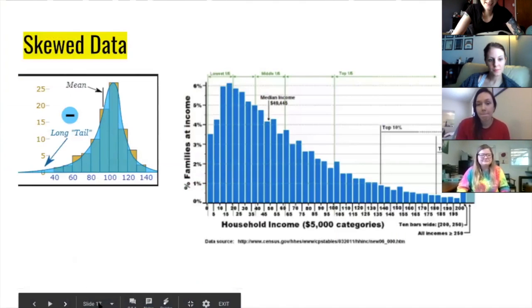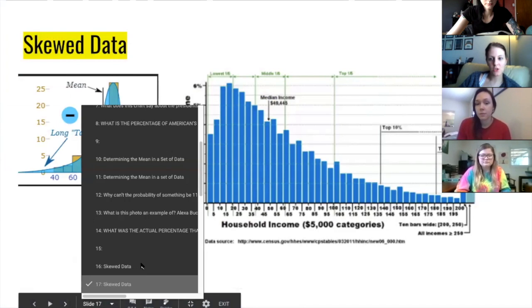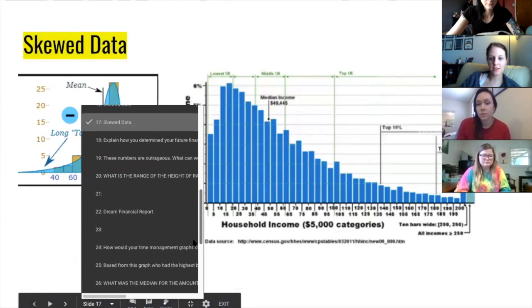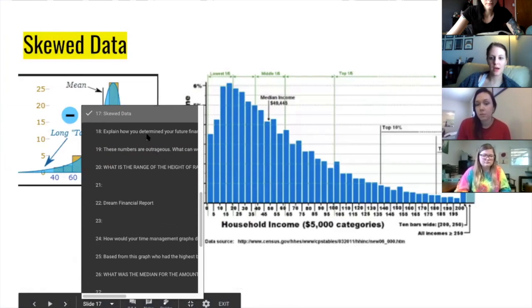Allison, what is skewed data? Skewed data happens when the median and the mean are different. A graph most often becomes skewed by outliers. When a distribution becomes negatively skewed, the data points fall to the higher side of the scale, and there are very few lower data points.